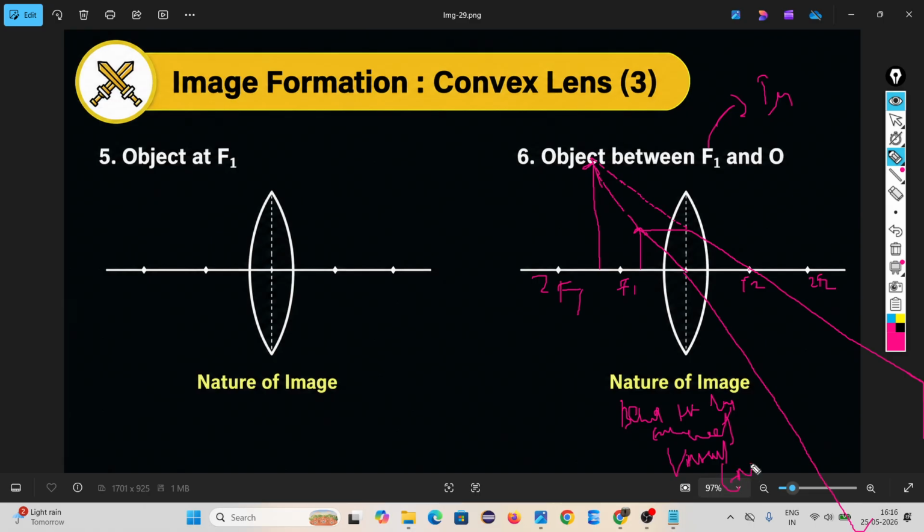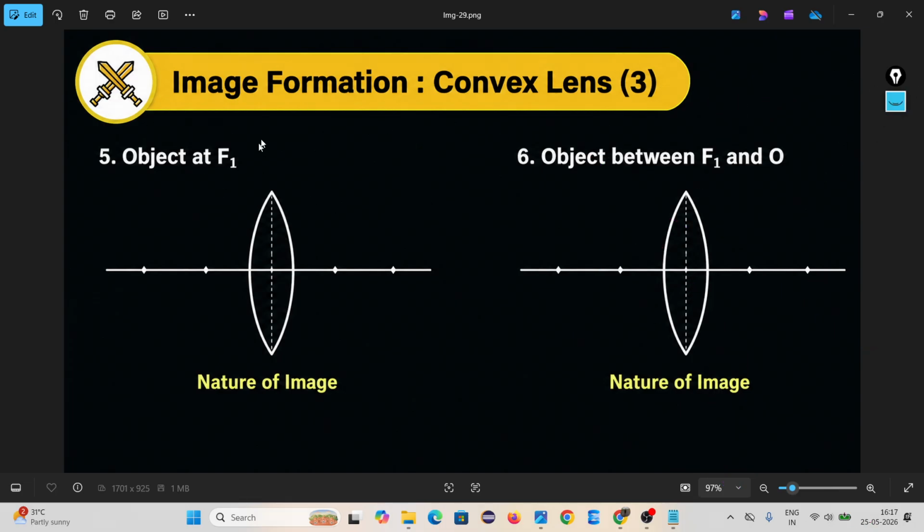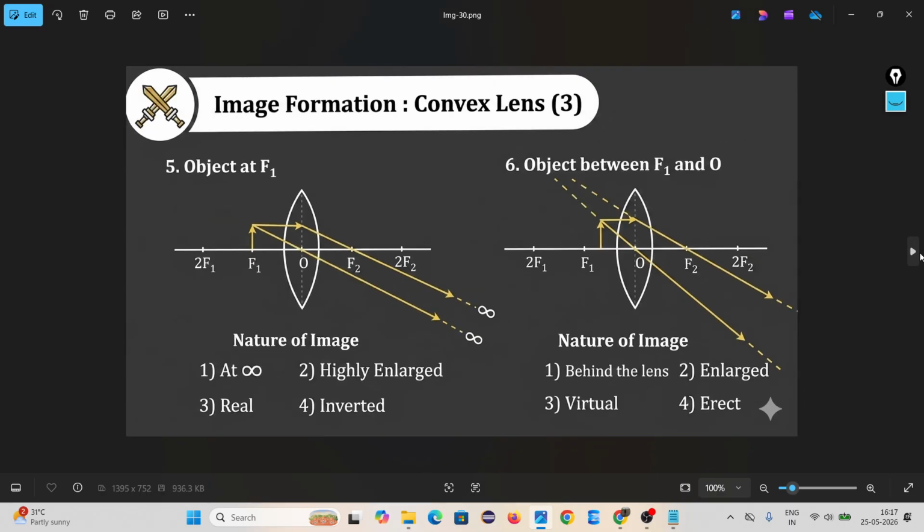And virtual means erect. You have to remember this last condition. In every other case it is a real image, inverted, but this is the exception. With this we completed image formation in convex lens. You understand?